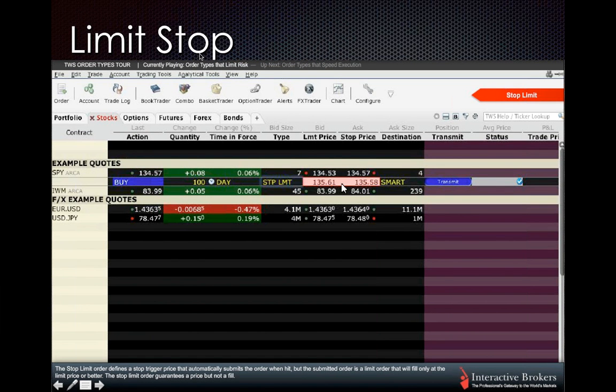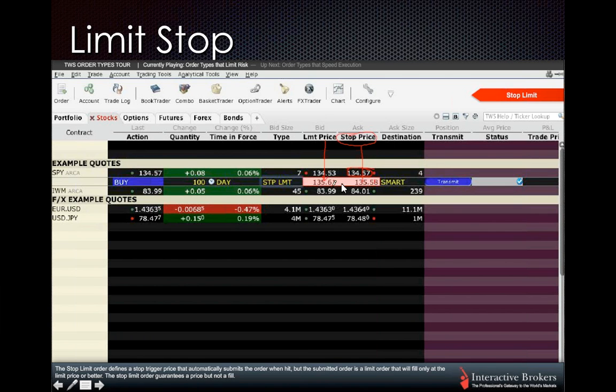If you place a stop with limit, then you will eliminate this risk, because you've got not only the trigger price, which is here, the stop price. Again, you see this in bold. You can see stop price, and it's over here, 135.58. So if this price is at or above it, then you'll place a limit price.